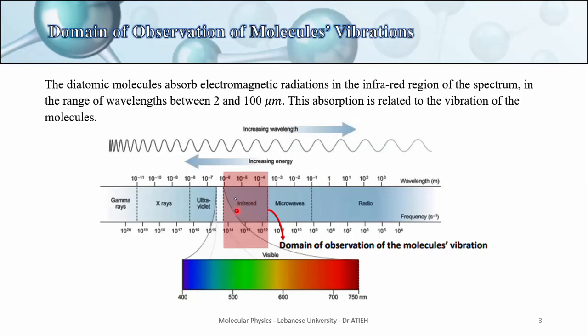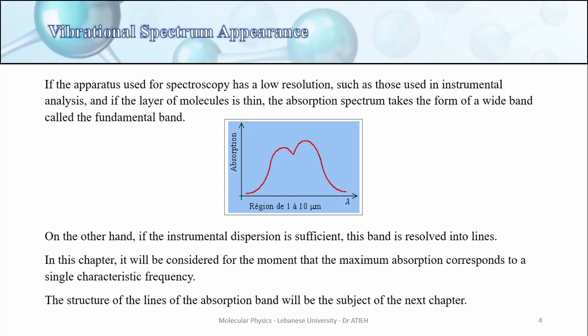And we're going to prove that throughout the chapter. We are going to see that the vibrational spectrum is not formed of a single line. It's formed of an intense line with high intensity in addition to other lines with much lower intensity.